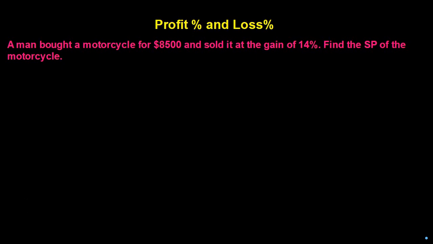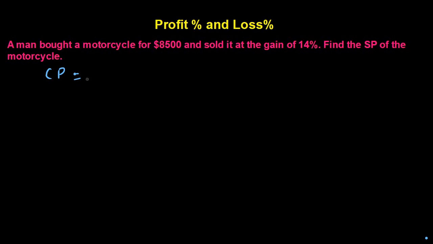Yes, in this example, as I said, in a word problem, you must always first write the information provided in the question. So what is provided? A man bought a motorcycle for $8,500, right? So that means it is cost price or selling price? He bought it, so that means it is cost price. So let's write the cost price.